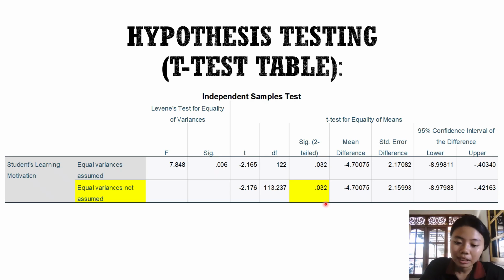But it is quite different if the significant value is more than 0.05, that means the test cannot reject the H0, and we are not confident that the HA is correct. But for my data, we can say that the test rejects the H0, and we are confident that HA is correct. And we can say that there is a significant mean difference of learning motivation score between the students of 4X and 4Y class.